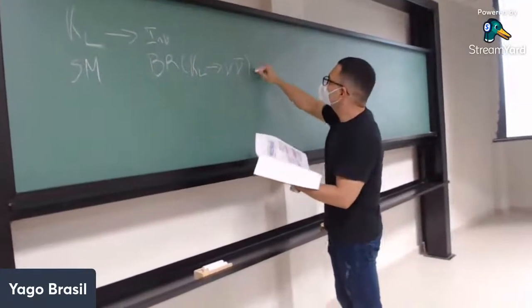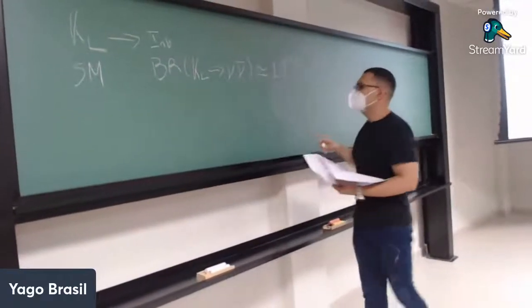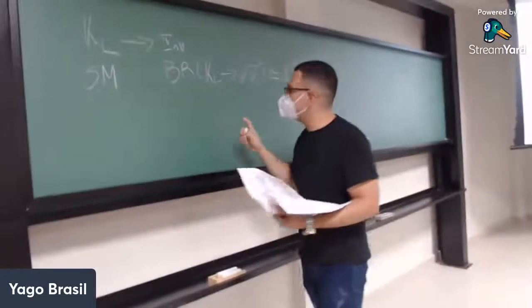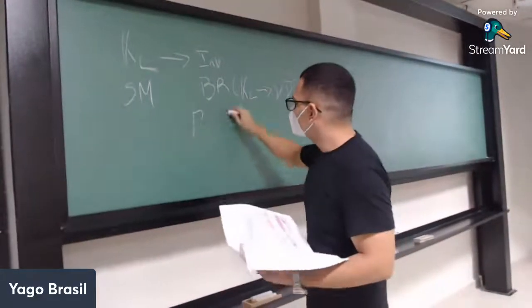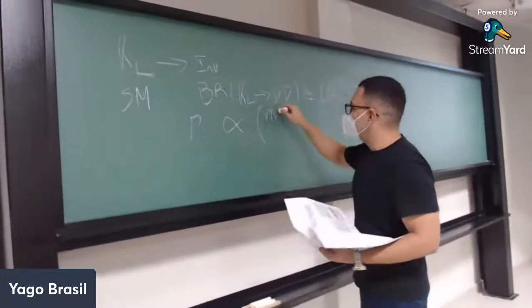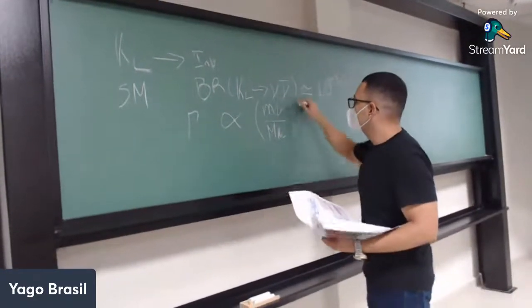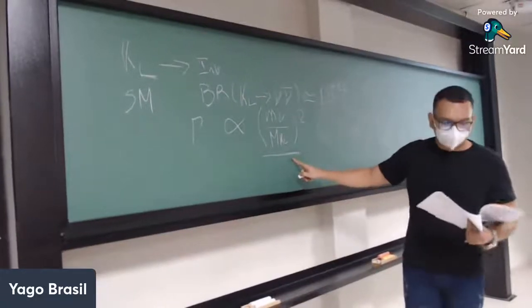We have approximately 10 to the minus 10. This is a very small value because the branching ratio, or specifically the decay rate, is proportional to the mass of the neutrino.